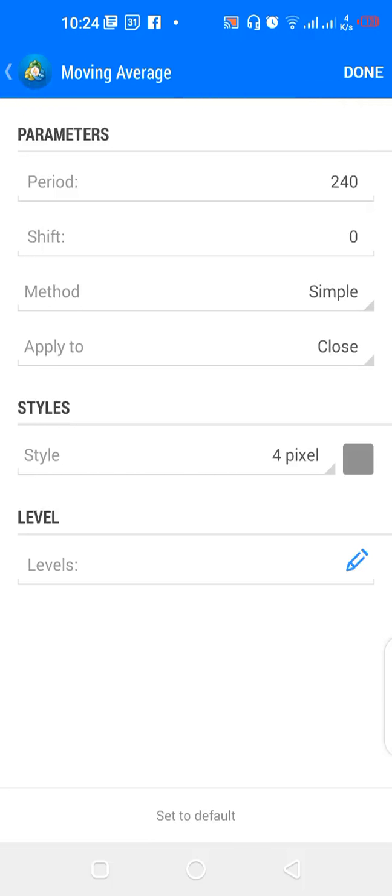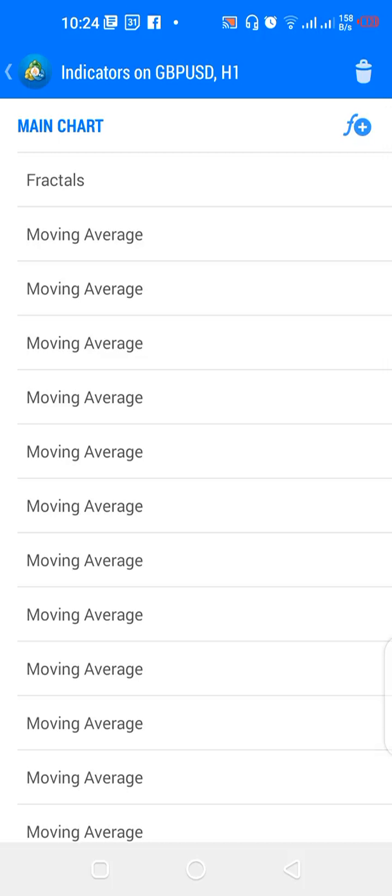The second moving average, one of the grays, is a 240 simple moving average applied to close, color gray. The third one is an 850 simple moving average applied to close, color also gray. So the two gray moving averages are simple moving averages, the first 240, the second 850.